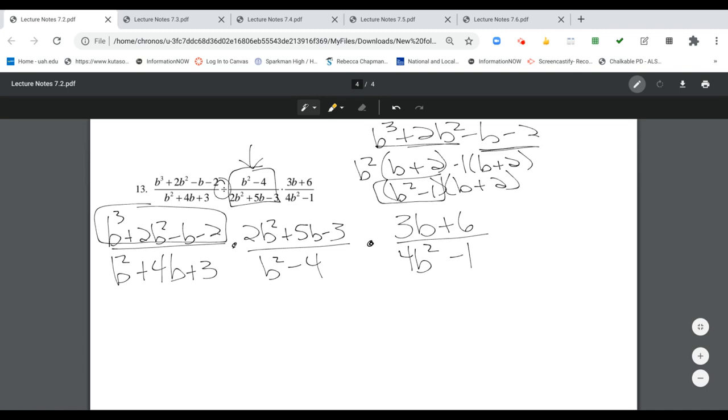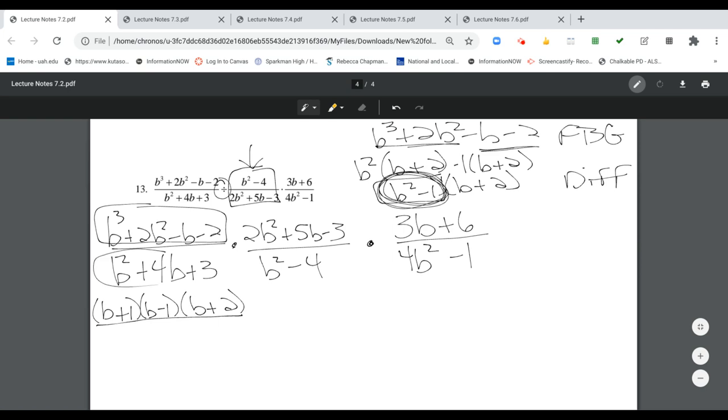Now, this is a difference of squares. So not only did I do factor by grouping, I'm going to have to do difference of squares as well. So when I factor that numerator, I get the conjugates b plus 1, b minus 1, and the b plus 2. Now the conjugates came from the fact that one of my factors was a difference of squares.